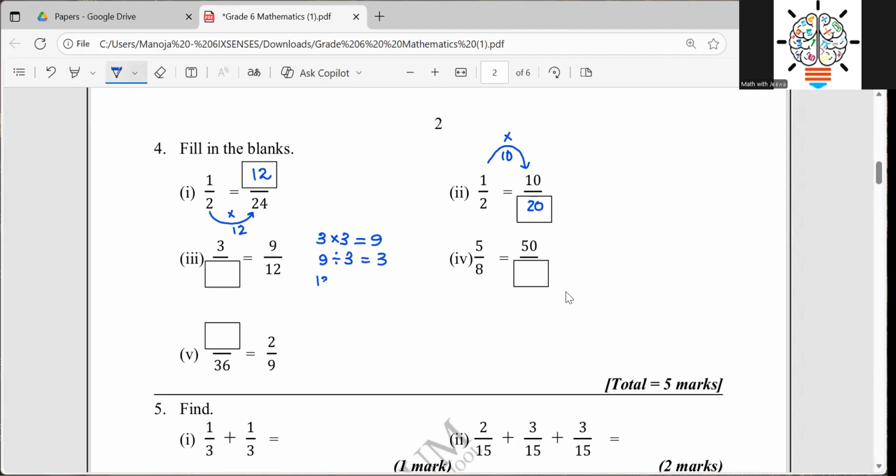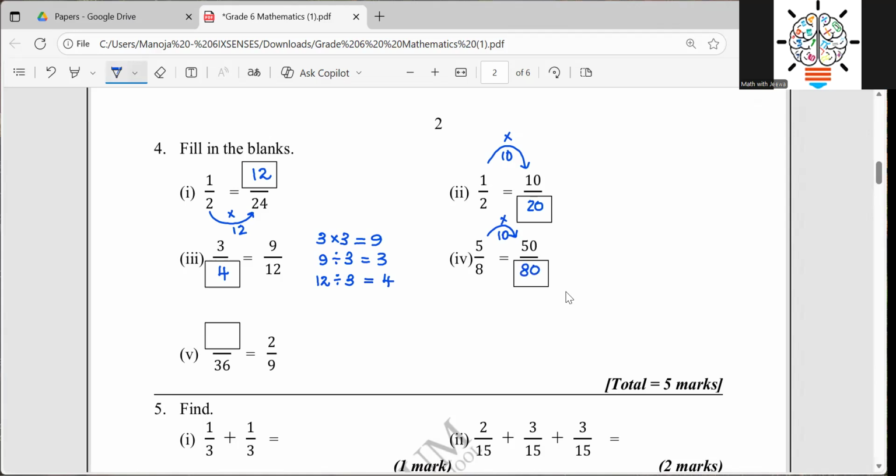The same way you divide 12 also by 3, it gives you the answer 4. Therefore, here the answer is 4. Now 5 you multiply by 10 to get the answer 50, and 8 multiplied by 10, the answer is 80.